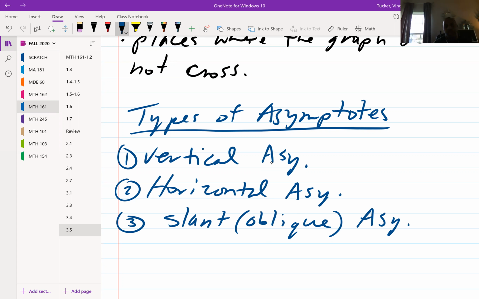So we have three types of asymptotes. We have our vertical asymptotes, horizontal asymptotes, and our slant, or sometimes called oblique asymptotes. All right, so we're going to talk about how to find all three. Once again, that's all we're going to focus on in this section.